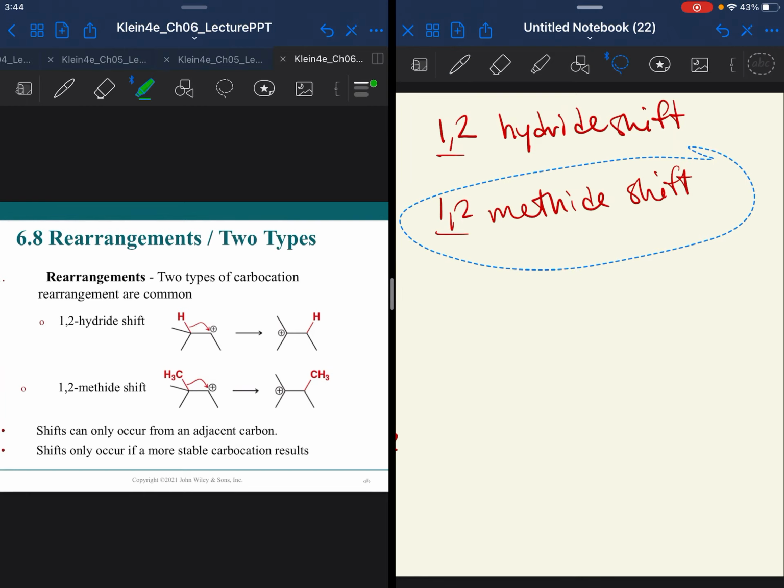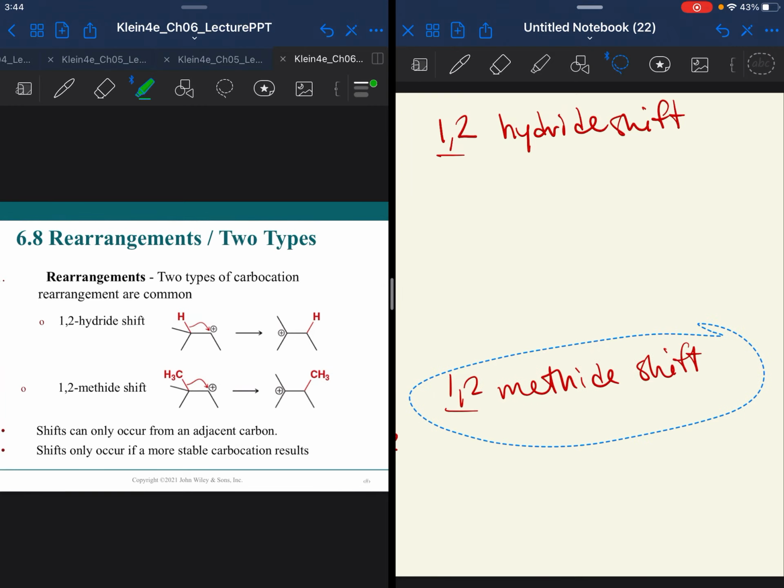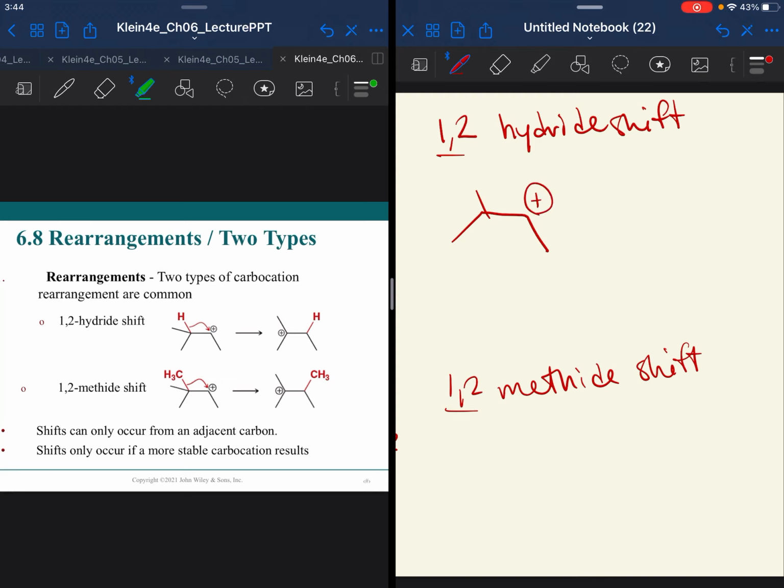So when we look at this hydride shift, let me move this down. There we go. We're taking a carbocation that is secondary, and we are moving a hydride. Now notice, I'm not saying proton, and I'm not saying hydrogen. Because remember, a proton is H with no electrons. Hydrogen has 1 electron.